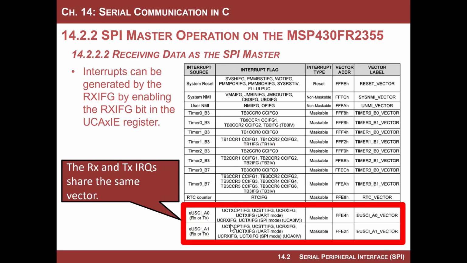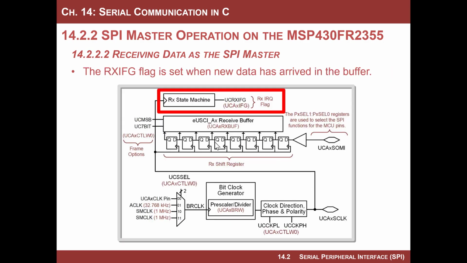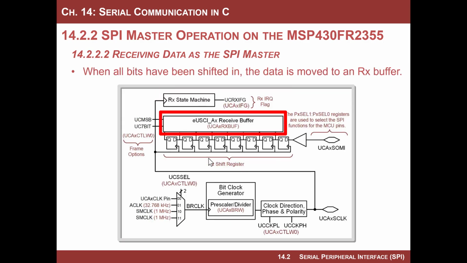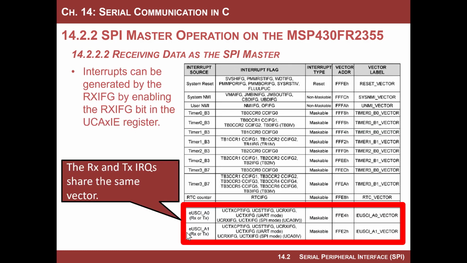Okay, so we're doing a receive now, and so you're like, well, what interrupts do we have available to us? Well, we have an RX IFG flag, which basically asserts whenever you have information that's ready to be read. What's cool about it is that when you read from this RX buffer, it will clear the receive flag, so you don't necessarily have to worry about clearing it, although you can.